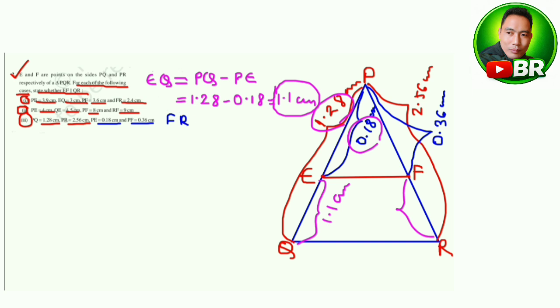Now let's find FR. FR will be PR minus PF.